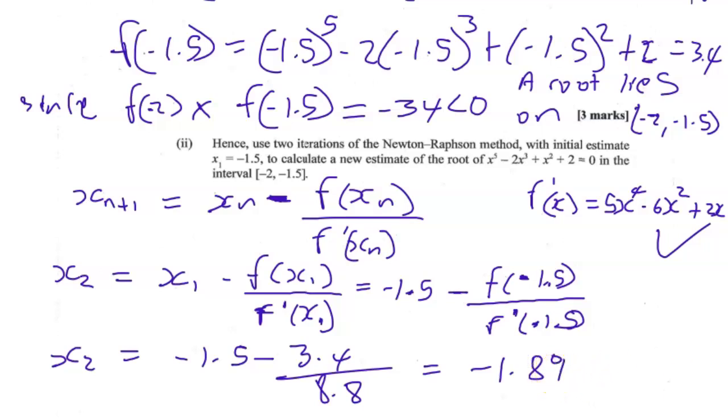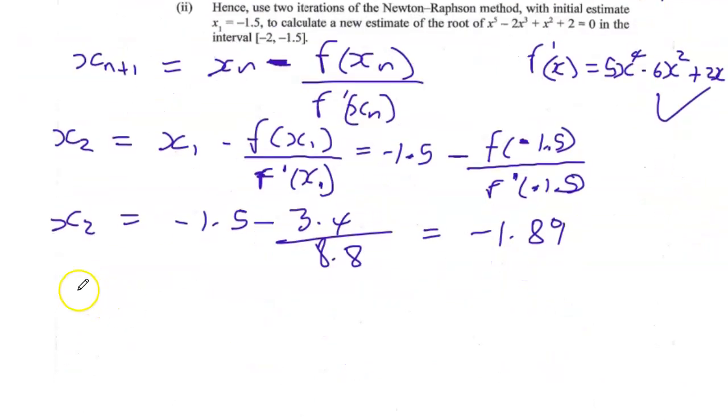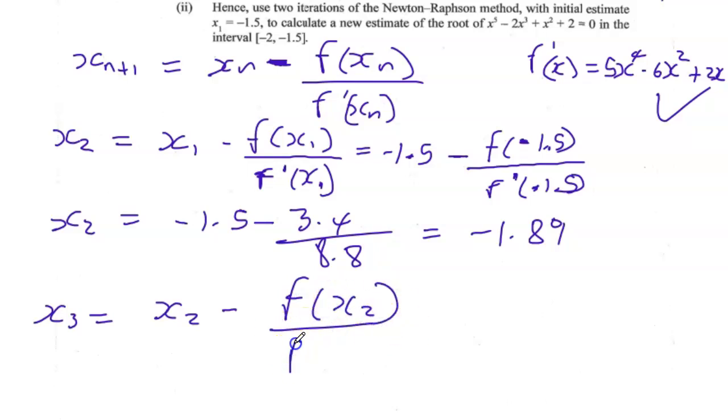And then to find the second iteration, which would be x3, the third approximation, x3 is equal to x2, with the formula, minus f of x2 over f prime x2. So we know x2 to be negative 1.89.